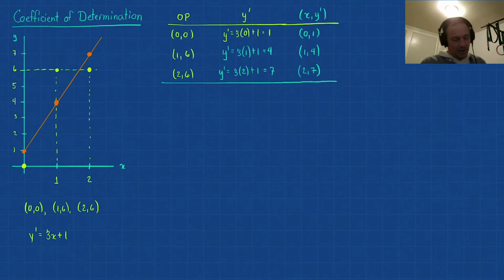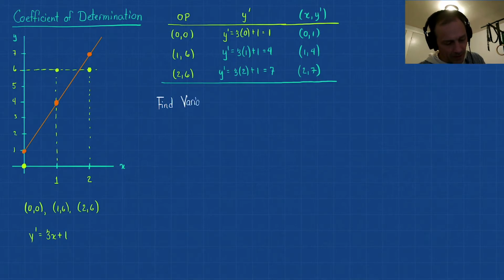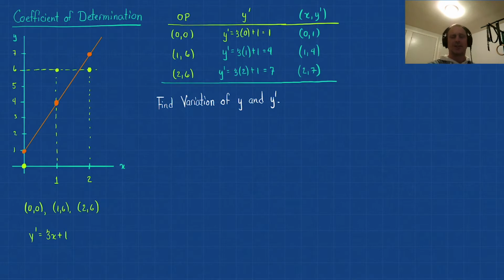So let's take a look. If we want to find the variation of y and y prime, you might say, well, what's variation?